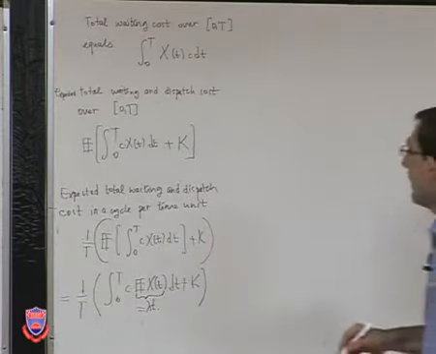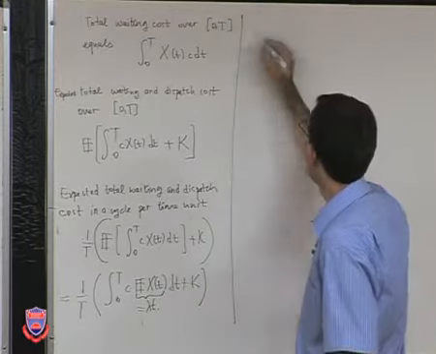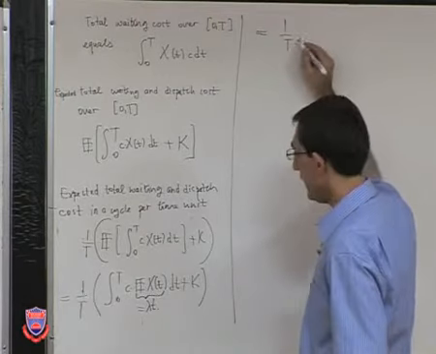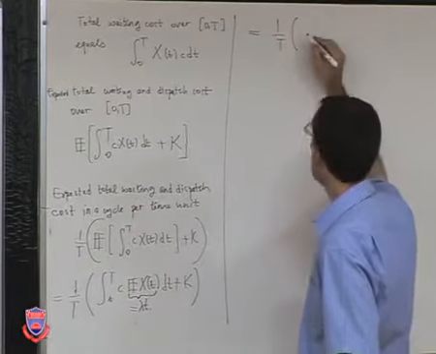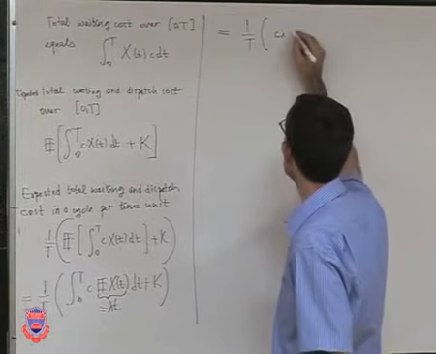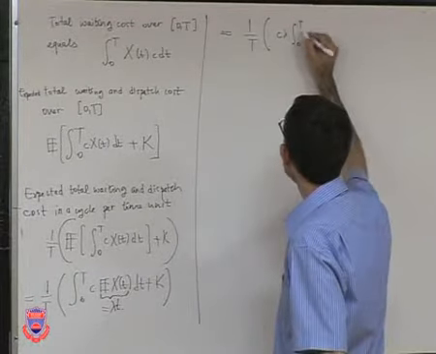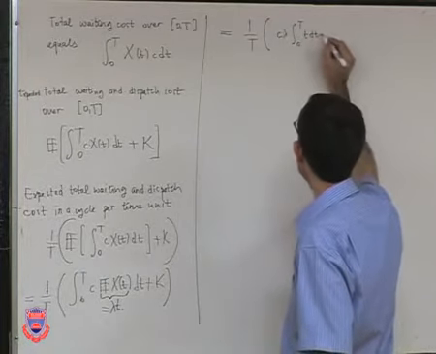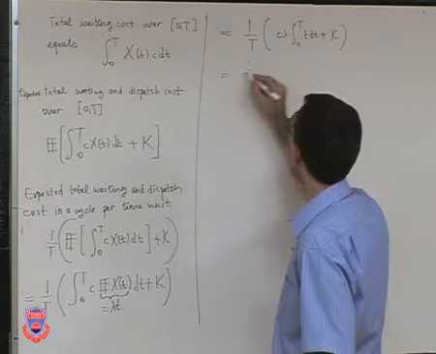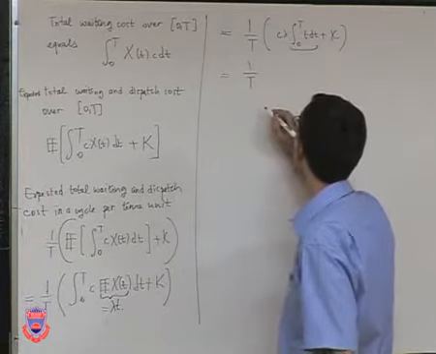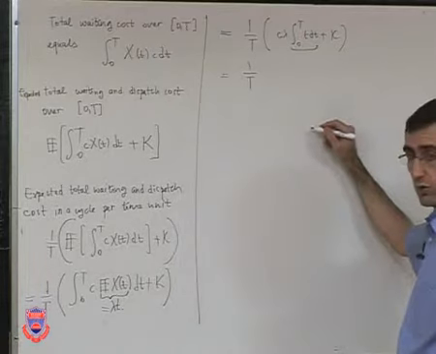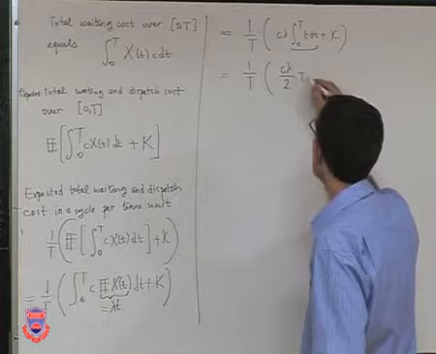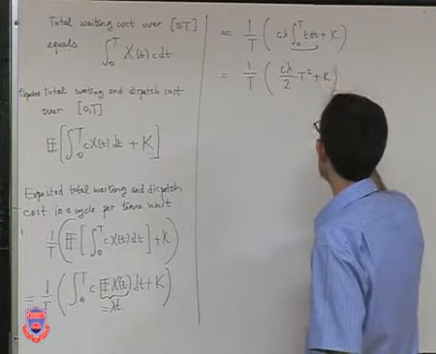And therefore that is 1 over T, c times lambda goes out, times the integral from 0 to T of t dt, plus k. And this is T squared over 2. So we have c times lambda divided by 2 times T squared plus k.